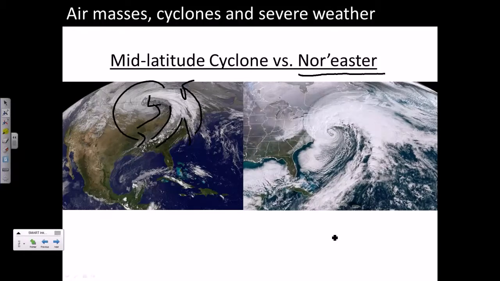And so again, you've got another kind of cyclone. You see different kinds of cloud cover. This is a more developed picture than the one on the left, but the key is that it's air masses pushing in like this and like this.